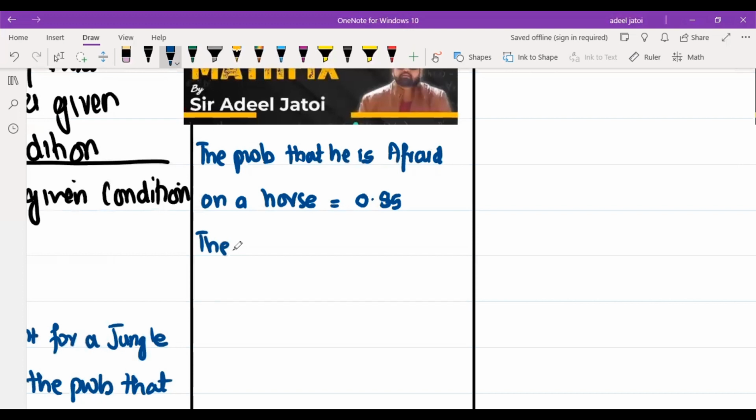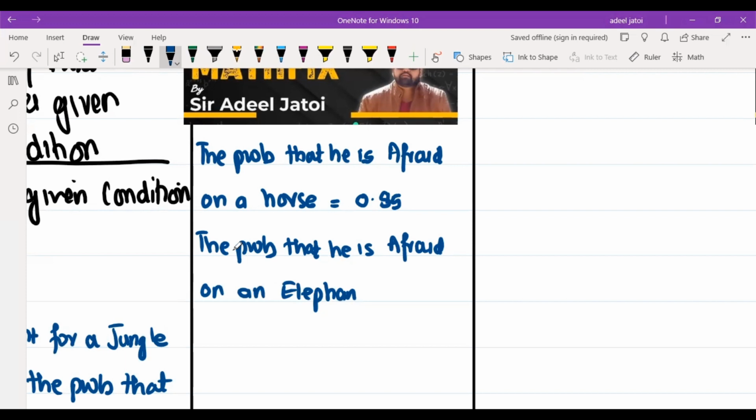The probability that he is afraid on an elephant is 0.45.